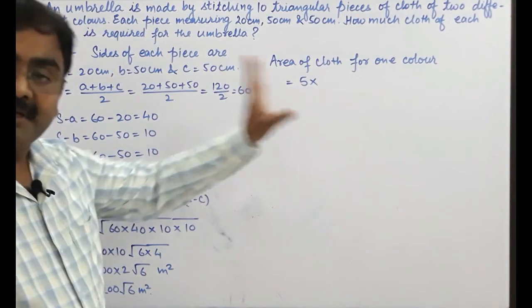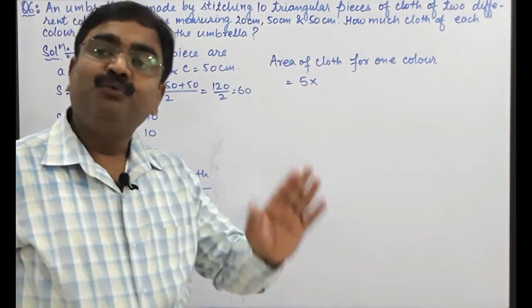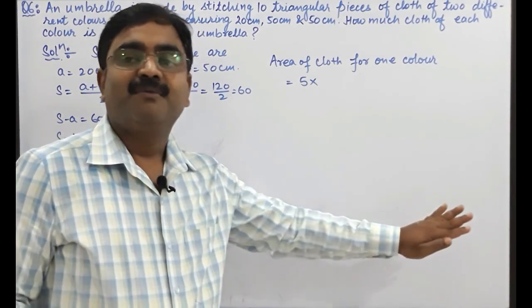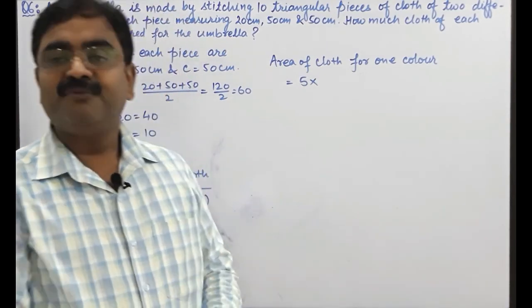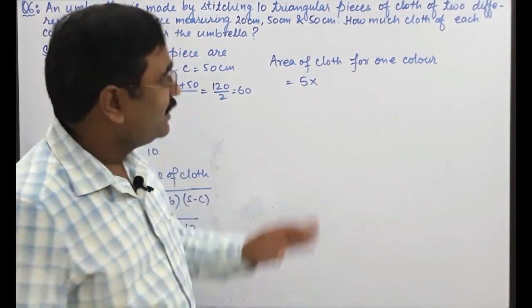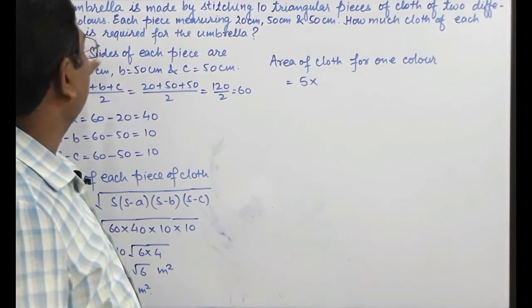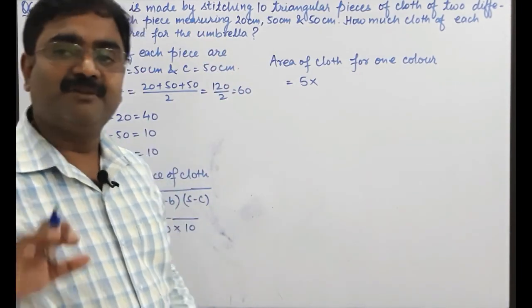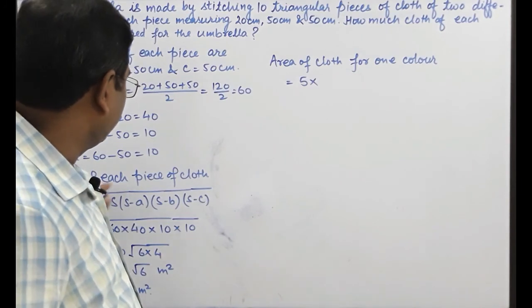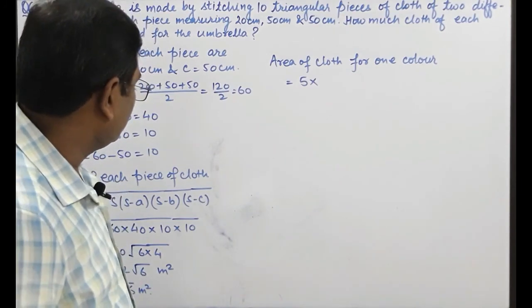Because there are total 10 pieces. Out of these 10 pieces, 5 triangular pieces are of one color and the remaining 5 pieces of the other color. So the question is asking how much cloth is required for each color. So for one color we are going to find it out, multiplying by 5, 5 multiplied by the area of cloth of each piece.